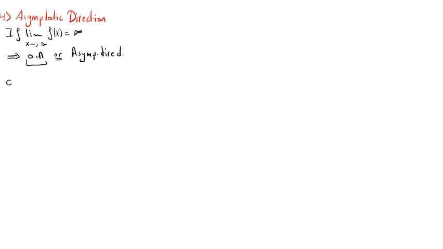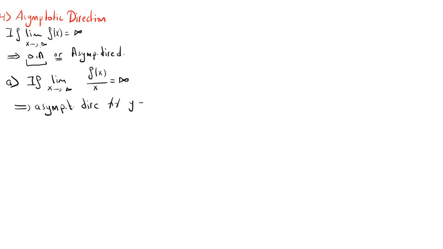First case: if we calculate the limit at infinity, the answer is infinity. If the limit as x tends to infinity of f of x over x is infinity, then it is an asymptotic direction parallel to the y-axis. We'll see graphically after that how it is parallel to the y-axis.